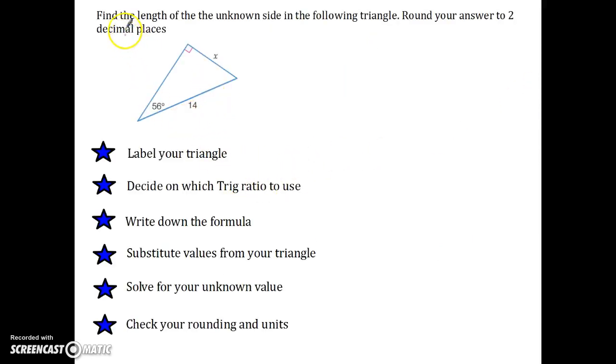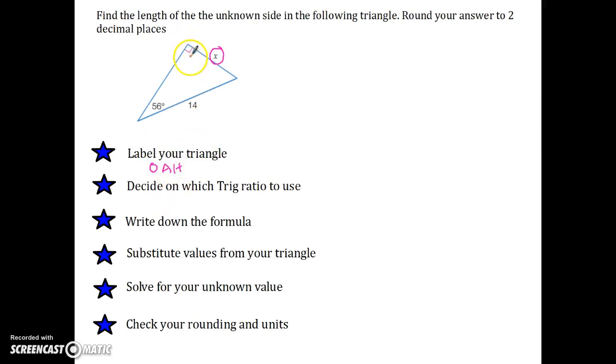Let's have a look at this triangle here. Find the length of the unknown side, which in this case is x, in the following triangle, and round your answers to 2 decimal places. Now here I've put all of the steps that you need to follow every single time you solve for a triangle. First of all, we've got to label our triangle according to our opposite, our adjacent, and our hypotenuse.